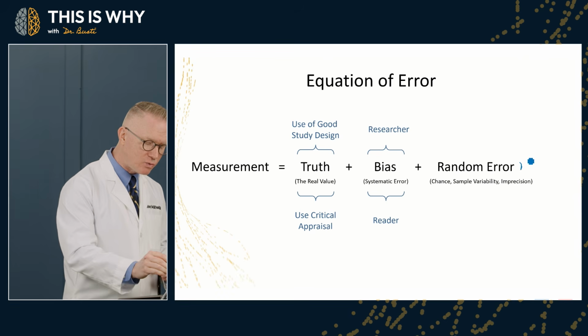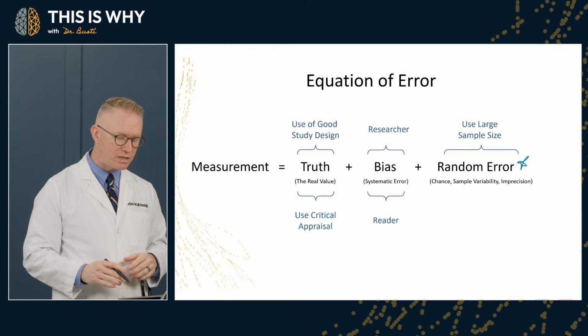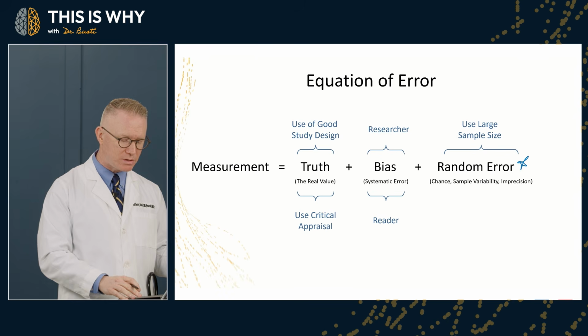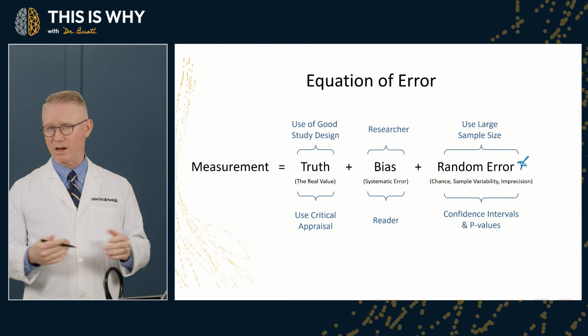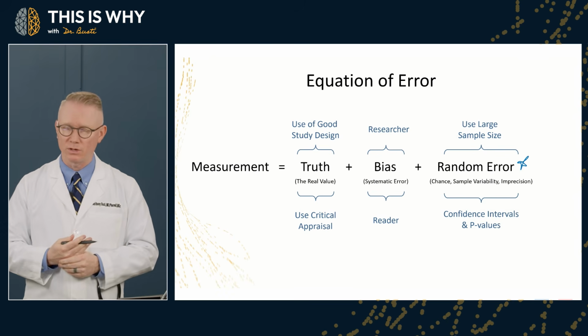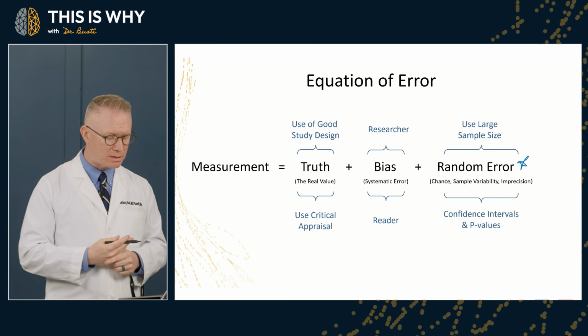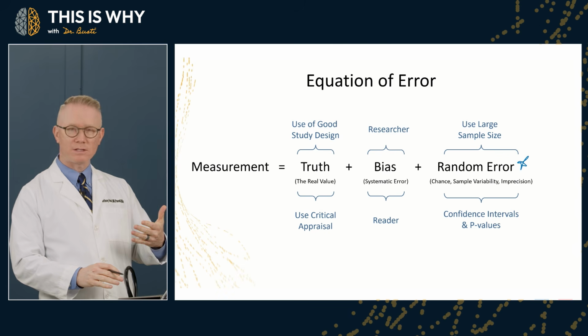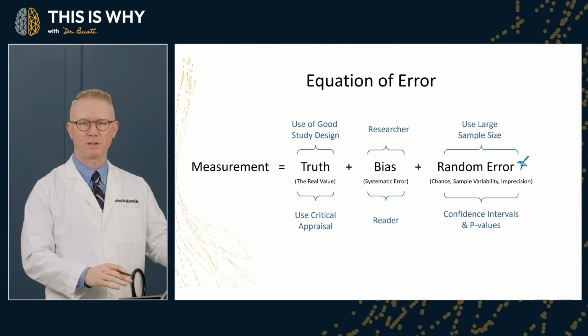But when we get to this random error over here, there's chance and some variability in size. Well, that's influenced by the size of the samples, and then obviously our confidence intervals and p-values start to reflect that. But look, stepping back, we can consider these three components as they relate to a measurement of something.